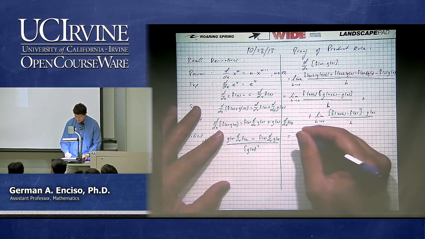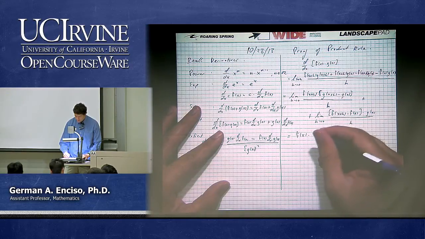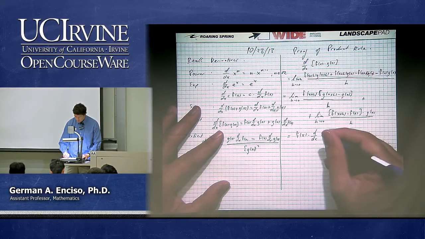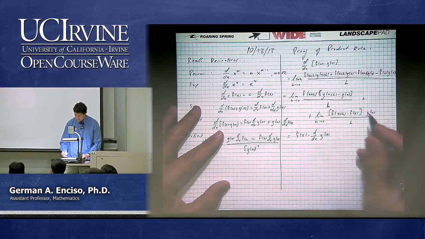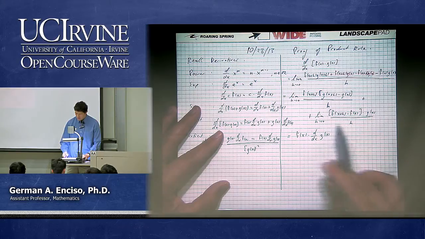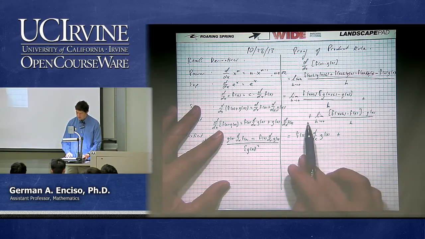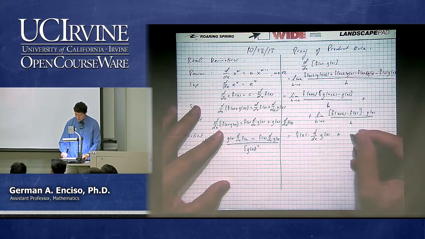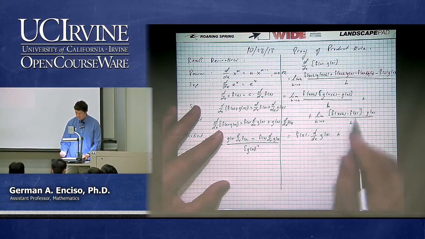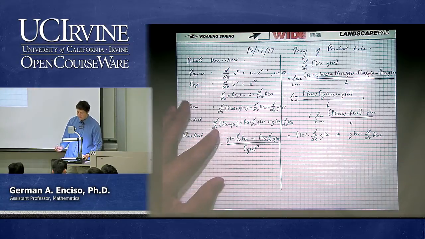So I can write this as f of x times the definition of the derivative, okay, plus, and now I can write what happens with this term in here. Well, this term in here does not even depend on h. I can take it out. So I can write this down as g of x multiplied by the derivative of f of x. And that's the end of the proof.